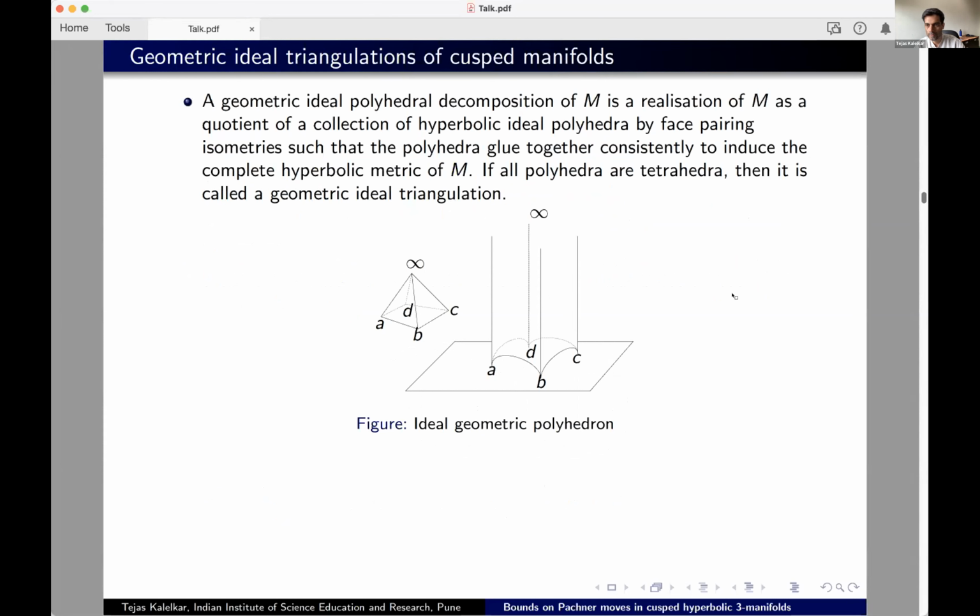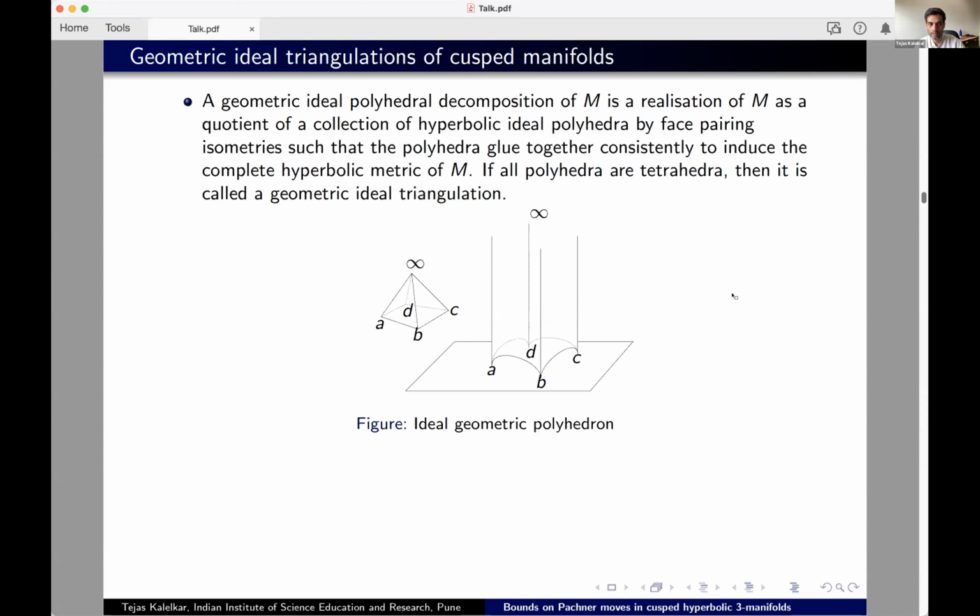And now to see what this looks like geometrically, I put all these vertices A, B, C, D, and infinity on the sphere at infinity in H3. And then the different faces should now be totally geodesic planes in H3. So you have these vertical planes and you have the hemisphere at the bottom. This is what a typical geometric ideal polyhedron looks like.